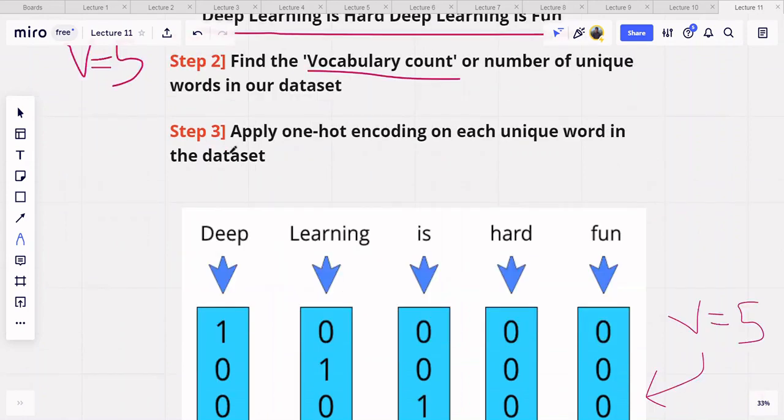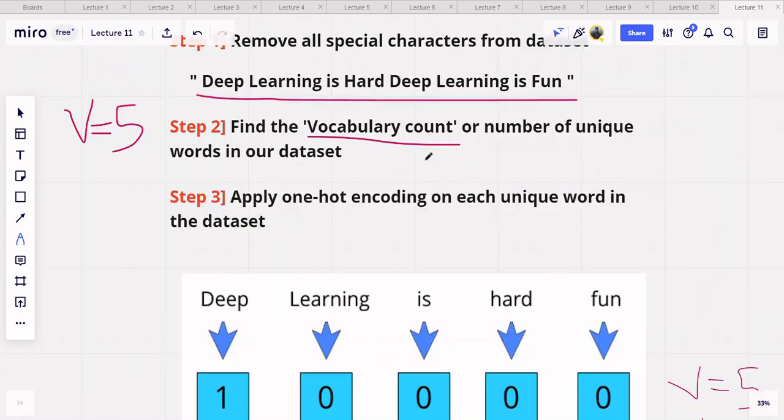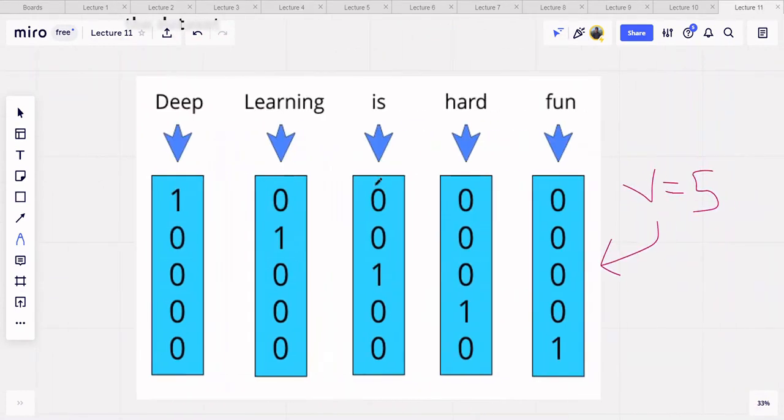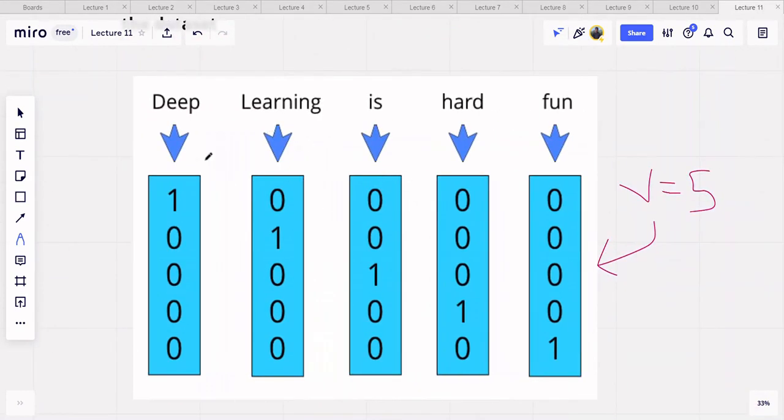Now what we'll do is we will basically apply one hot encoding on each unique word of the data set. Since we have 5 unique words, this is how each vector will look. Deep is represented by this vector, then learning is represented by this vector.